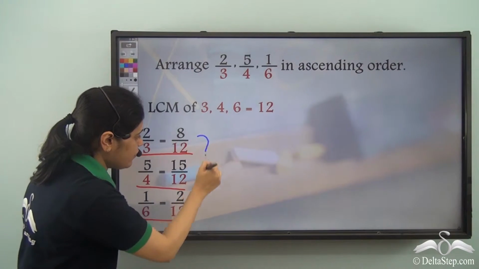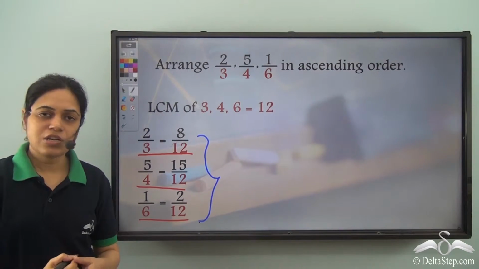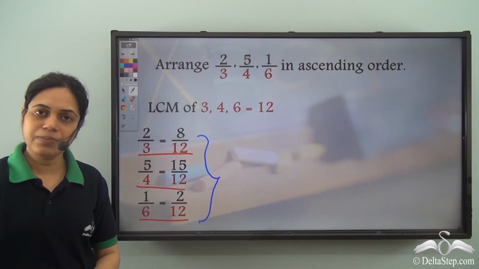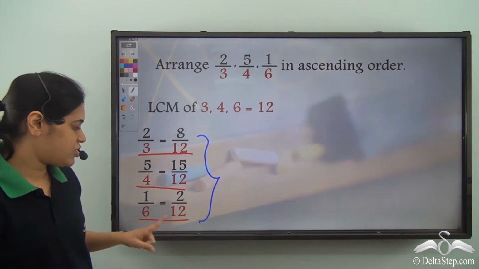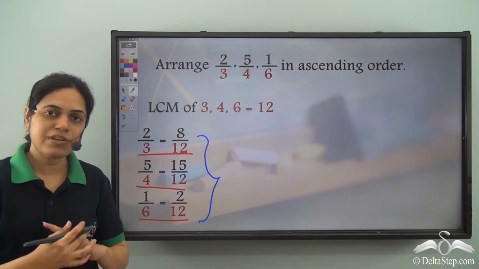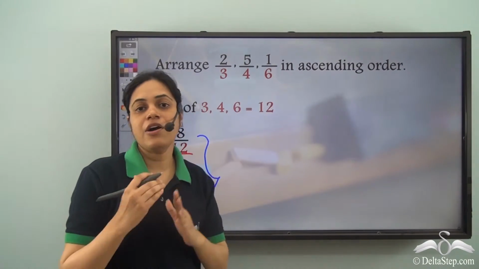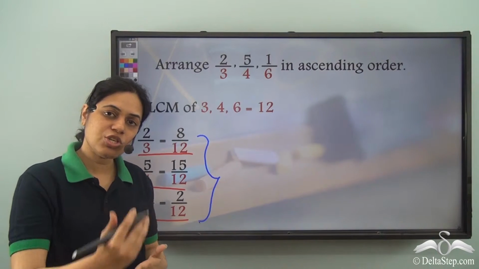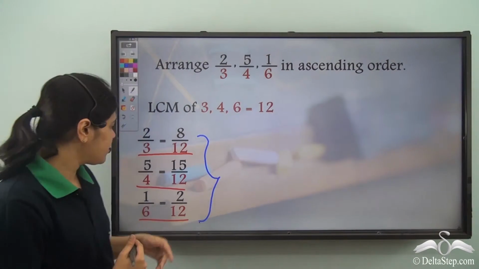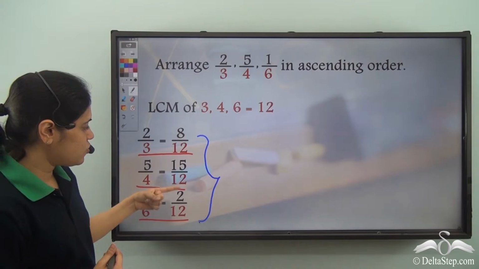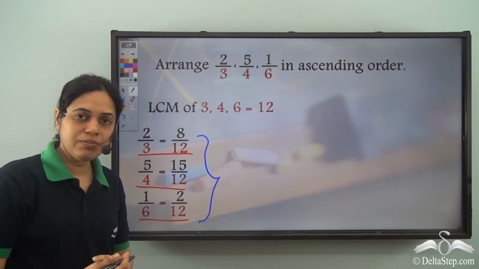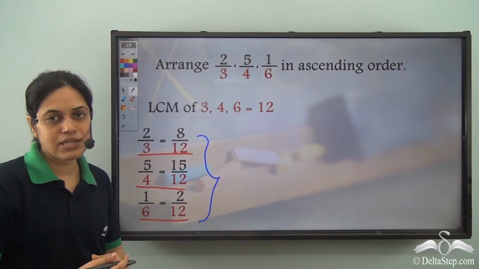Also these three are like fractions. So I can compare these three. That is, these three fractions have the same denominator, 12. Now ascending order means arranging from the smallest to the largest number. So I just need to check the numerator here because the denominators are the same.